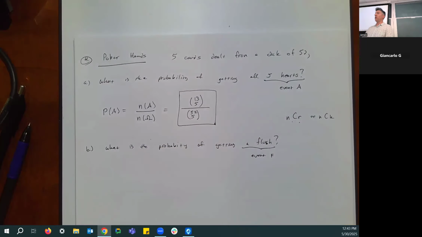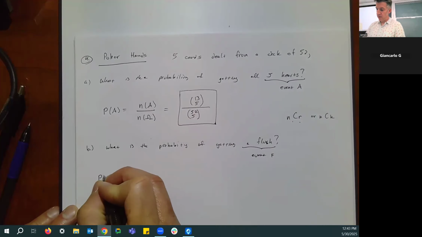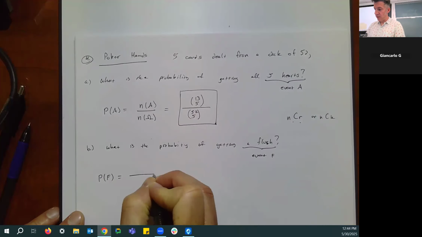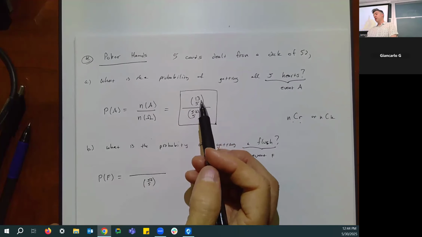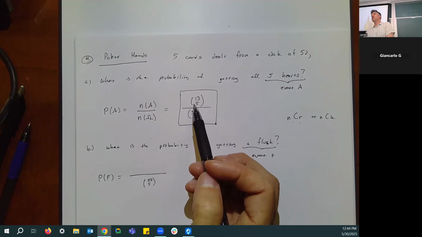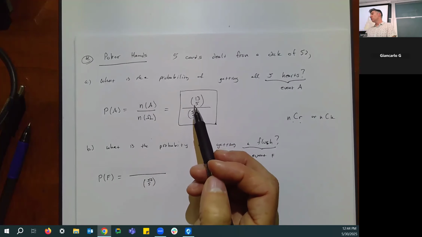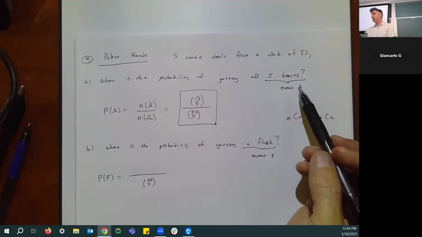It could be all clubs or all spades or all diamonds. So instead of being just 13 choose 5, it's really going to be, well, it's still going to be 52 choose 5 on the bottom. And before up here, we didn't have to do the step of picking a suit because it was already chosen for us. They said hearts.